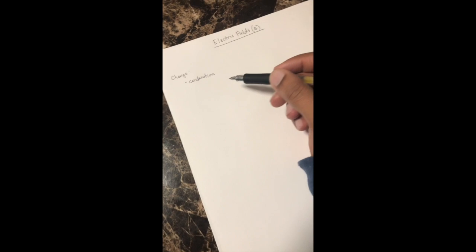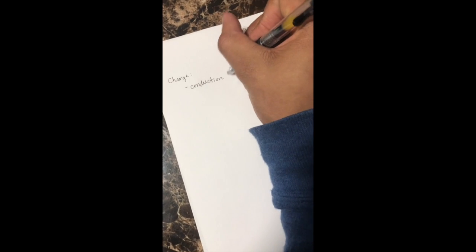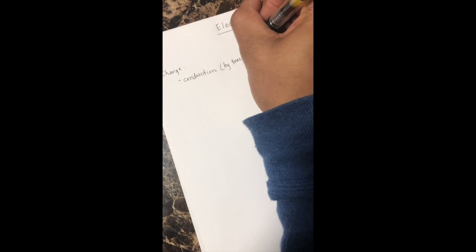With conduction, if you touch a charged object to a neutral object, those electrons are going to flow from that first object into the second object. So the key thing is that the two objects have to touch so that you can have that transfer of electrons. So this one's by touch.